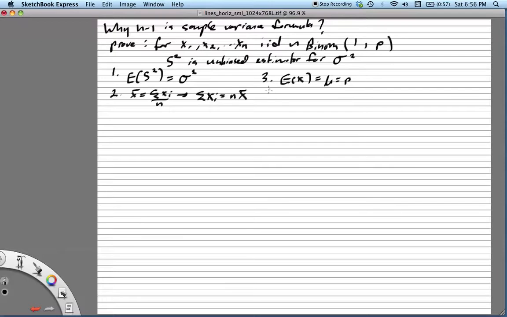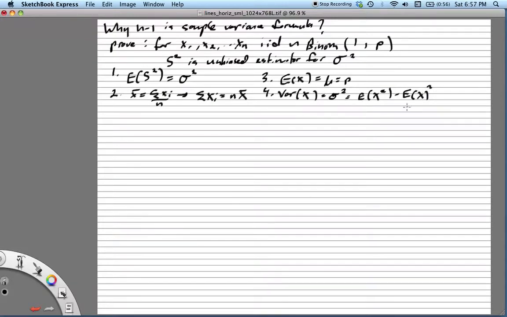We would also want, here I'll call this another point, that the variance of x is the population variance. And we get that by taking the expected value of x squared, this is just the definition of variance, minus the expected value of x, squared.